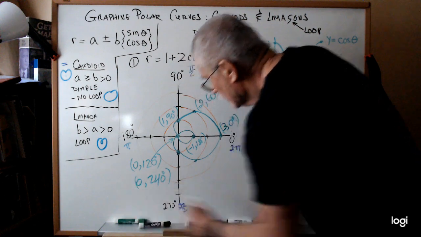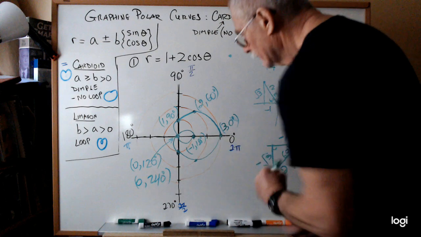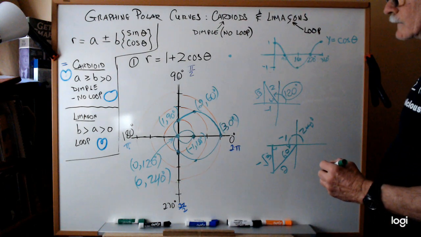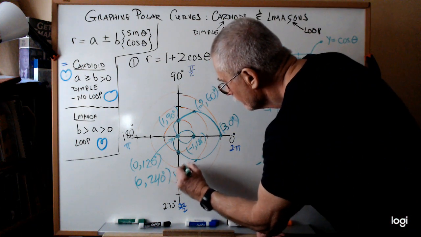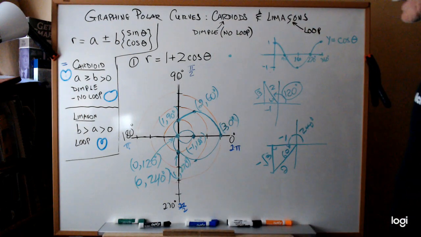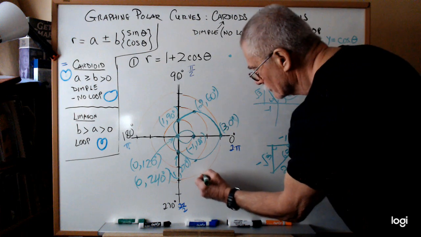Okay, and then it comes down here, and this of course would be the point (1, 270), right in there. And this point here would be 300 degrees. You can check this out.